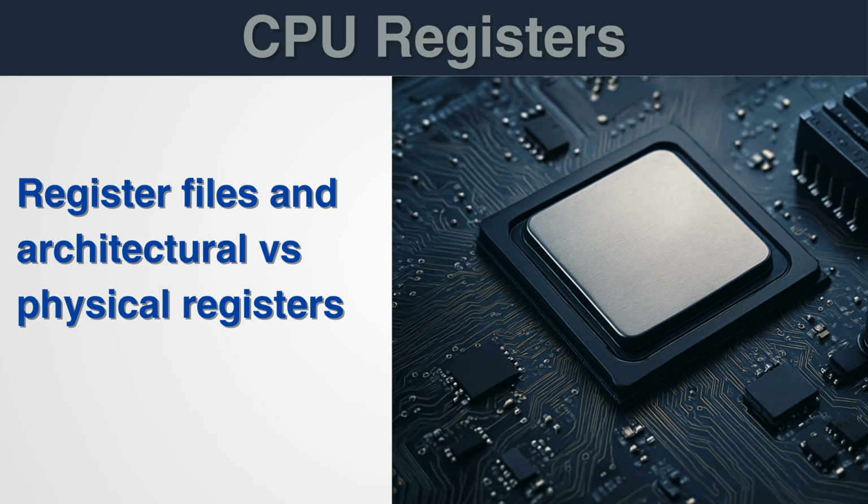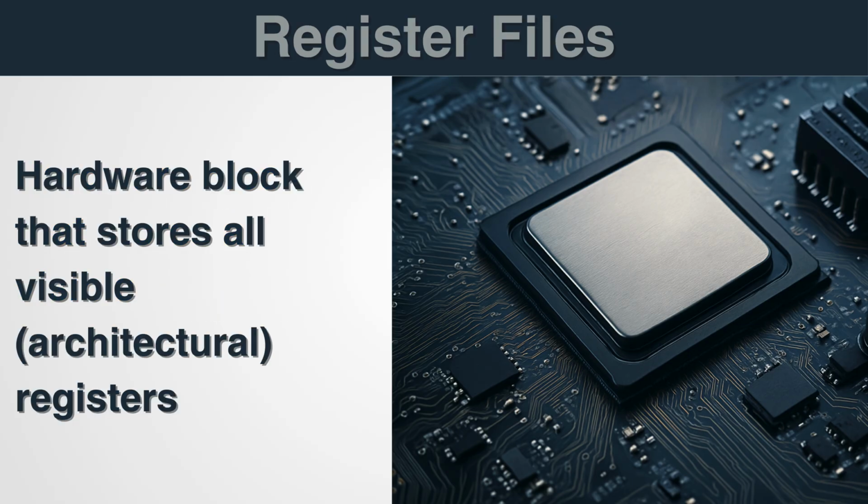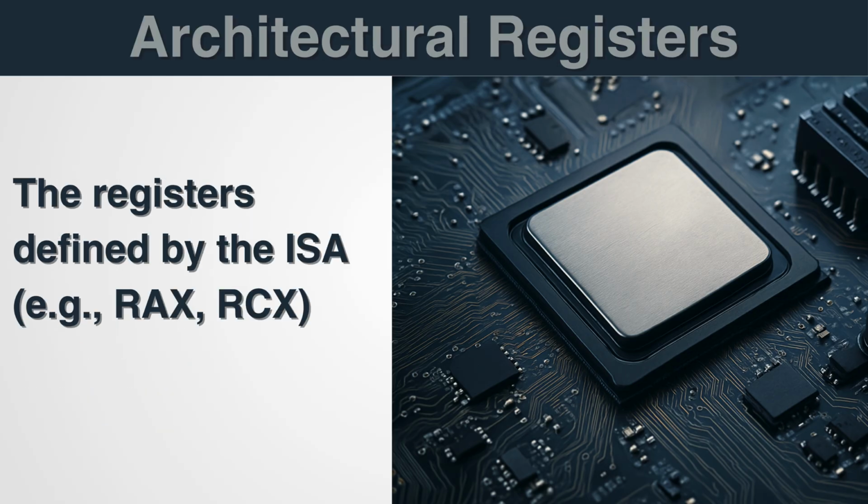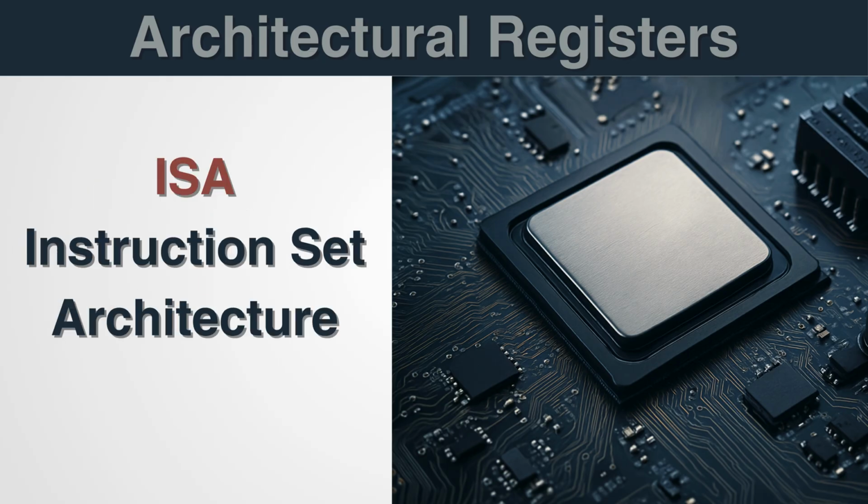So considering register files and architectural versus physical registers. A register file is a hardware block that stores all visible architectural registers. Architectural registers are the registers defined by the ISA. The ISA stands for Instruction Set Architecture.